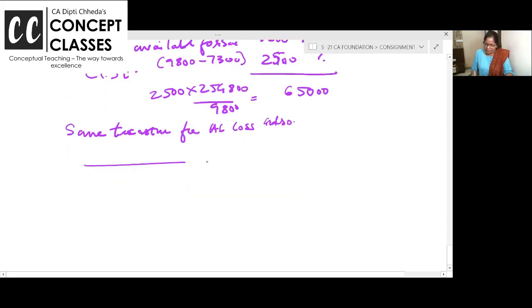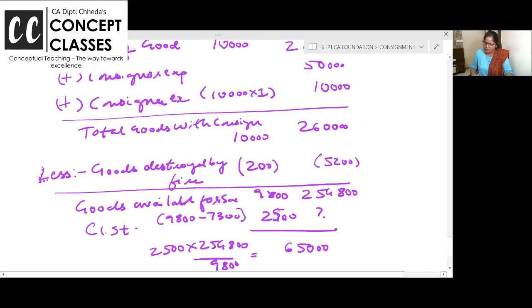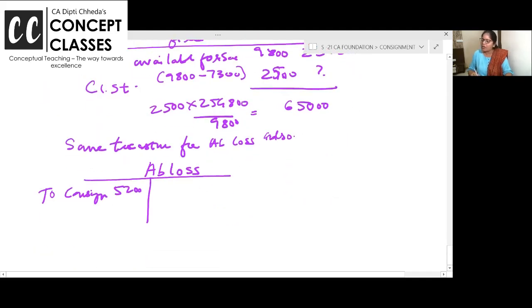Now in this we will make an account. I want all of you to make an account. Abnormal loss account debit to consignment, 5,200. What is the loss of abnormal loss का cost कितना है? 5,200.